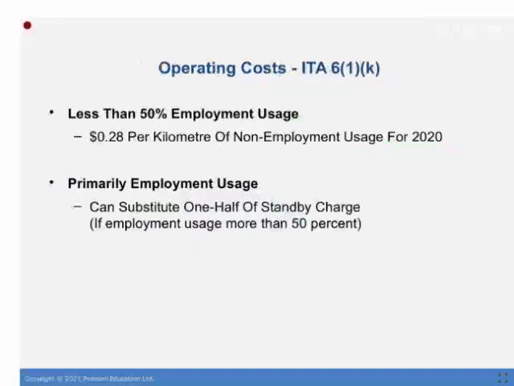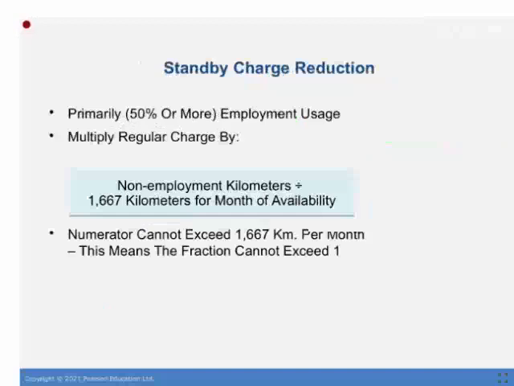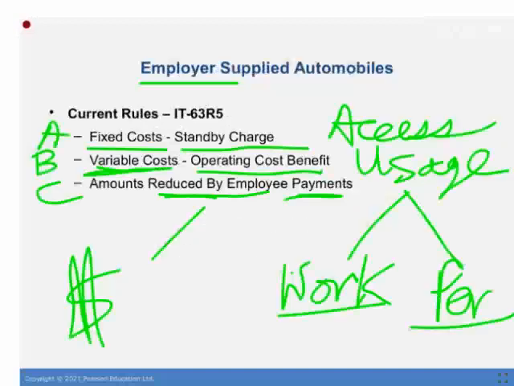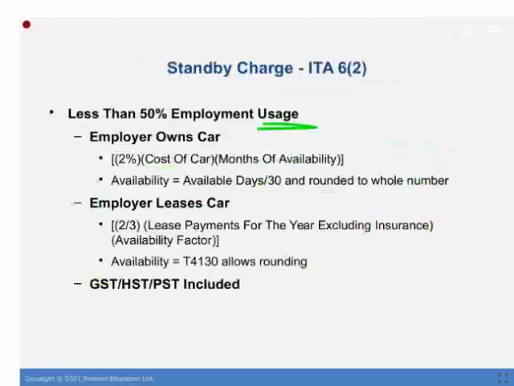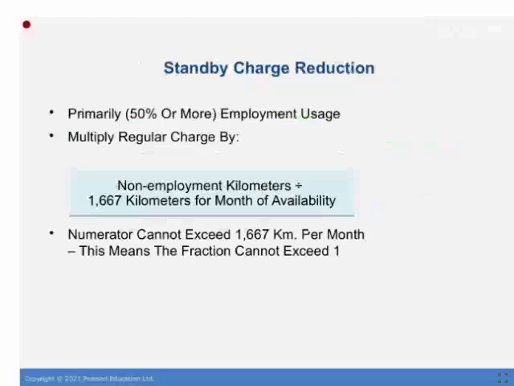So here we have a scenario where we calculate under less than 50% employment use. Here's the calculation. We have 50% or more, and we're going to make an alteration to that calculation.